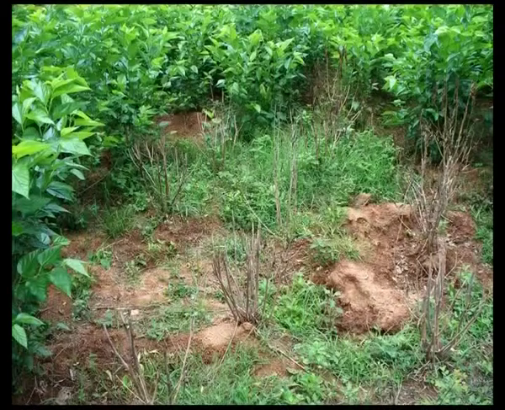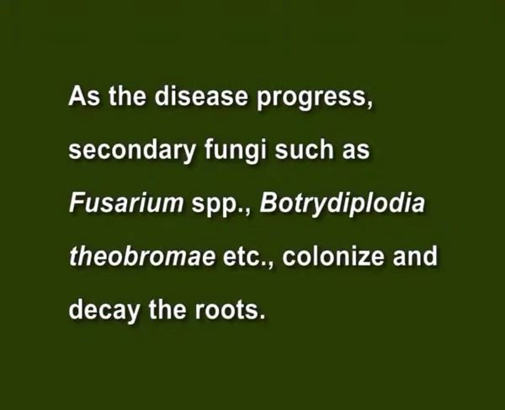The disease initially appears in few plants as isolated patches, which act as infective centers, leading to mortality of well-established plants within a short span. As the disease progresses, secondary fungi such as Fusarium species, Botryodiplodia theobromae, etc. colonize and decay the roots.